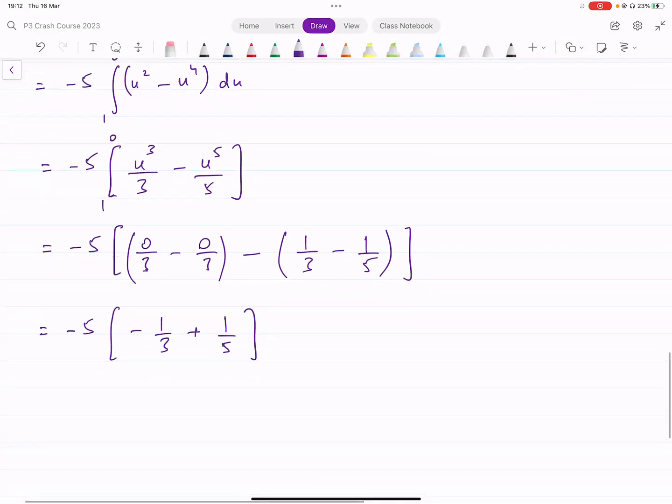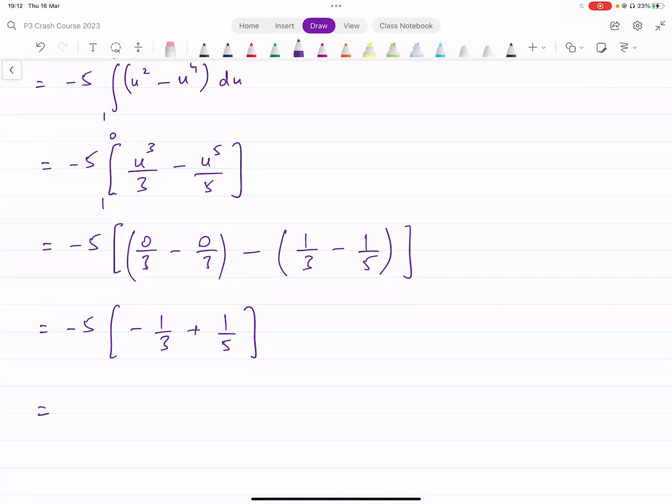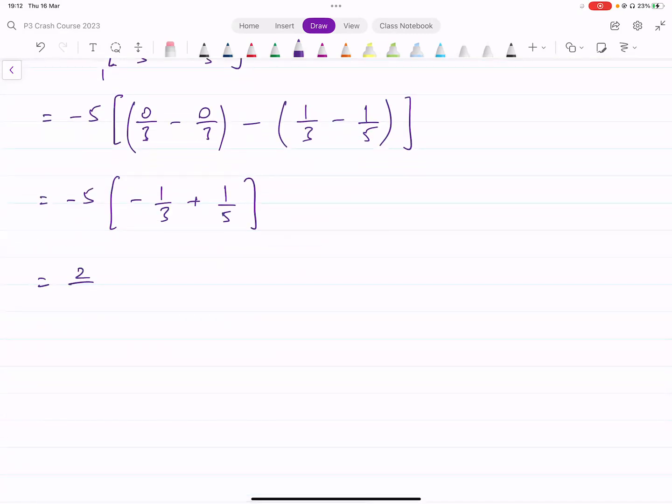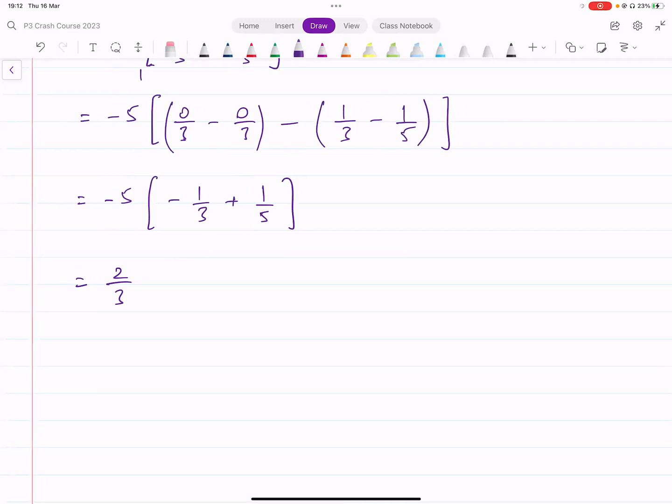We just evaluate this and see what this turns out to be. Okay, 1 over 5 minus 1 over 3. That gives me minus 2 over 15, then multiplied by minus 5. And that is 2 over 3. So the value of this area that we end up getting from this is 2 over 3.